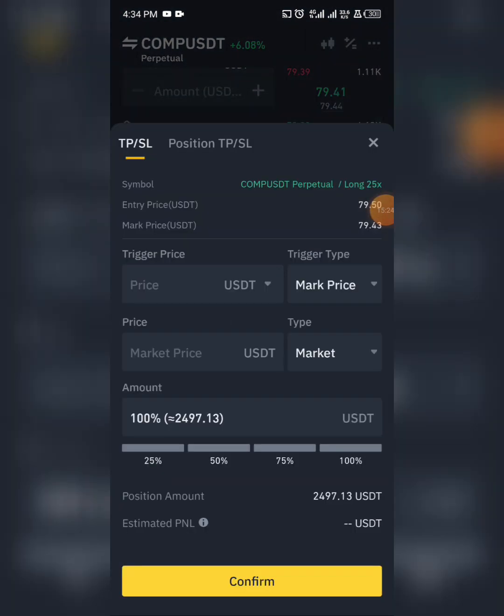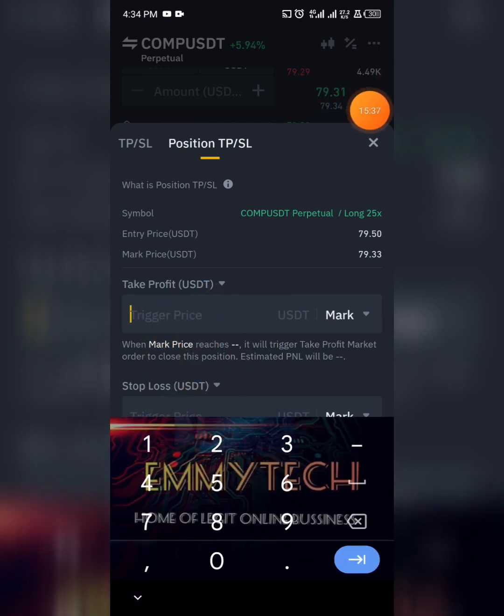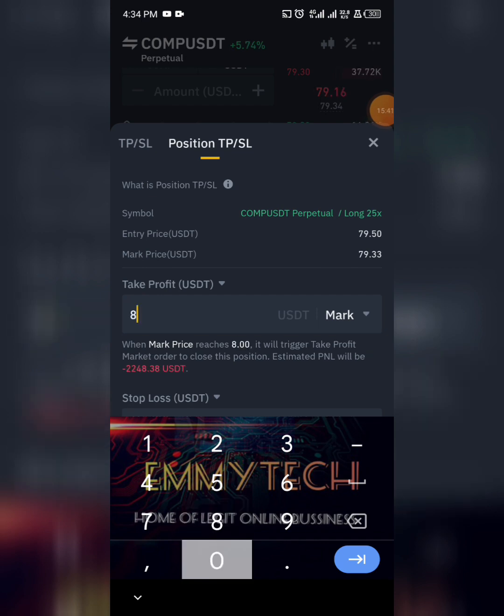Once you are done, you will see TP and SL. Then you click on position TP and SL. When you click on it, you can set your take profit and stop loss. For instance, I want to take profit when the coin hits $80.5.